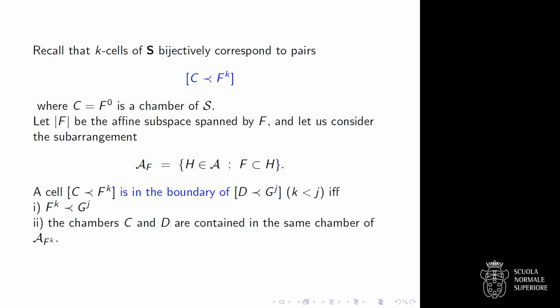And then the last ones: F2 is contained in the closure of all the chambers. So Ci F2 are the 6 2 cells. Okay. And these complete your complex.